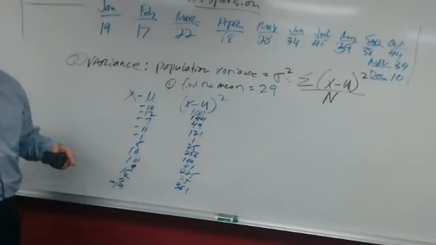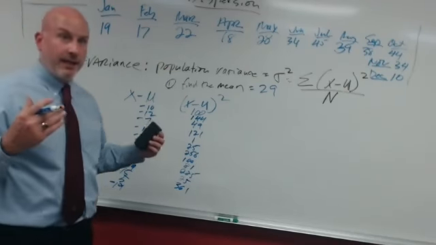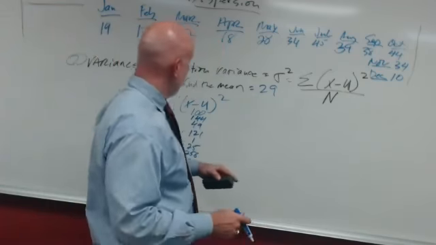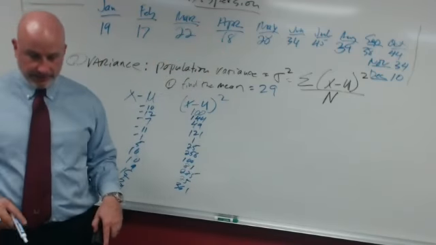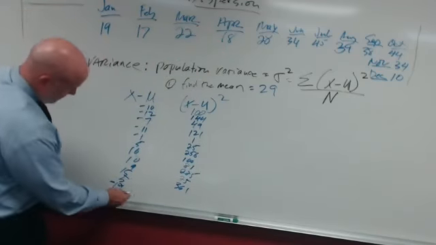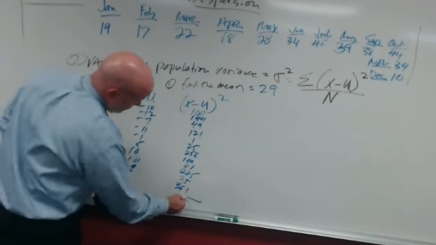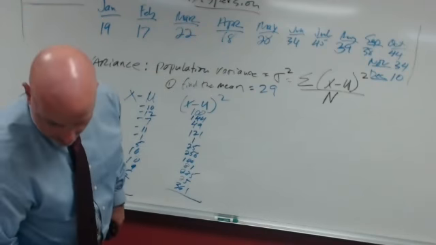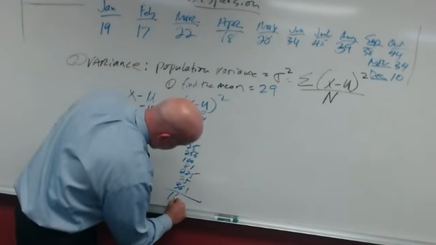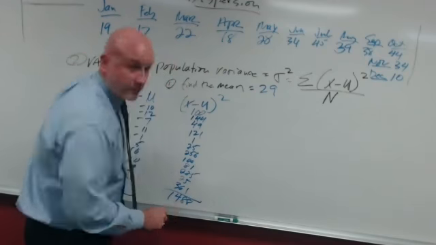Everyone knows that when you multiply a negative number by itself, you get a positive number. What's the last step? If we sum the deviations, we get 0. We sum the squared values, and from the book we get 1,488.